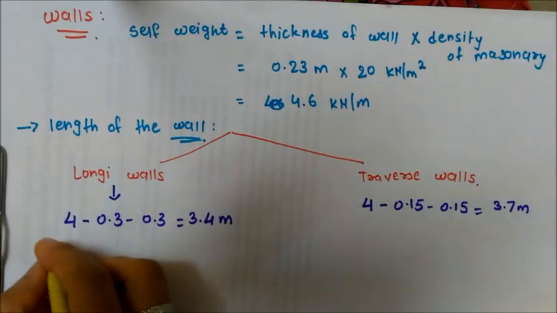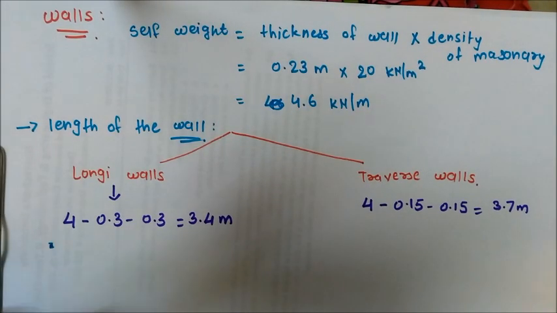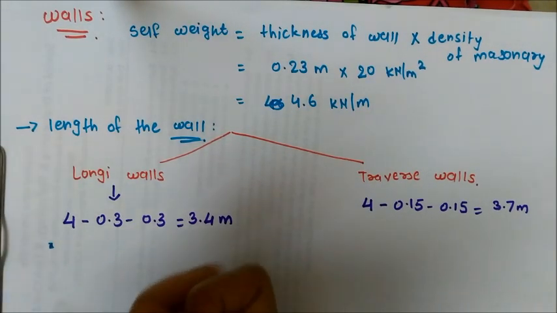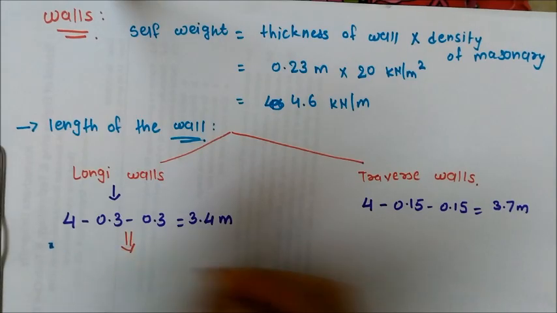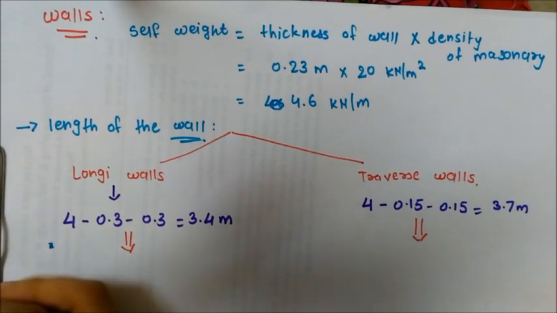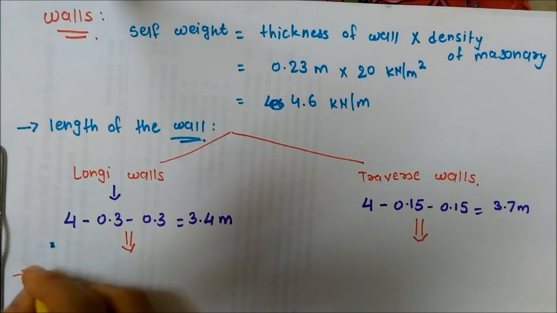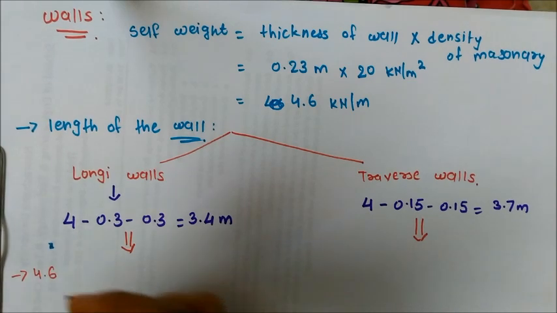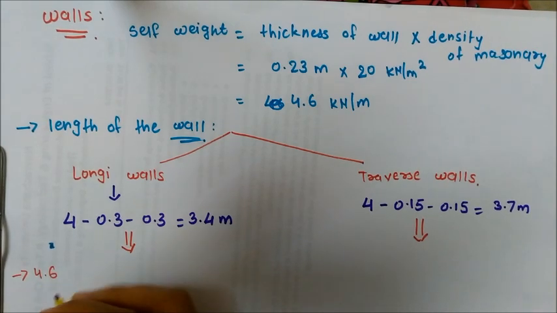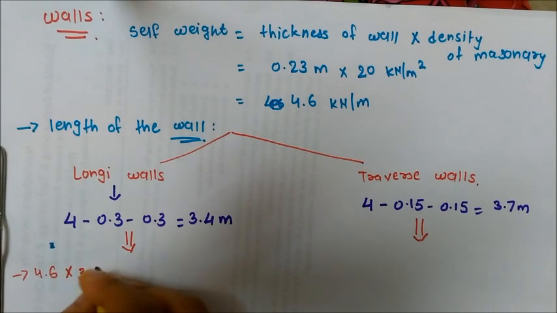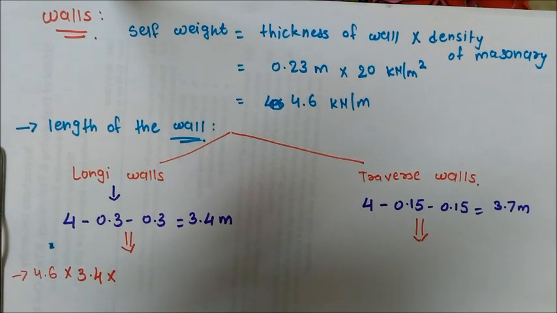Okay, so finally, when we calculate the total weight of the wall, we have to take self weight, which is 4.6 kilonewton per meter. Then you have to multiply the length of the particular wall. Here you also have to multiply the number of walls.